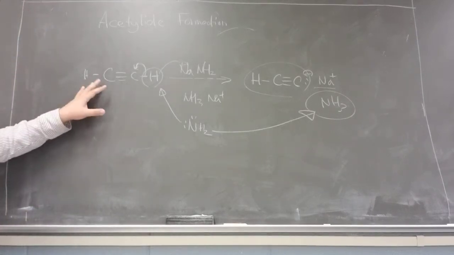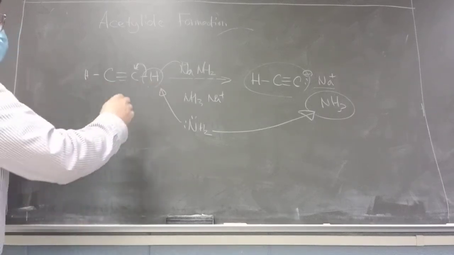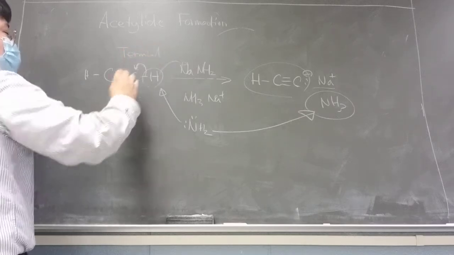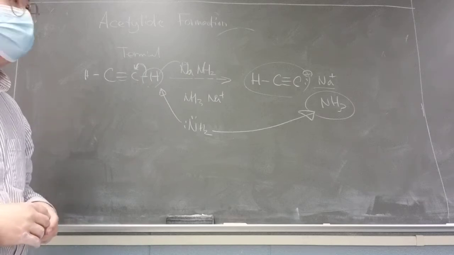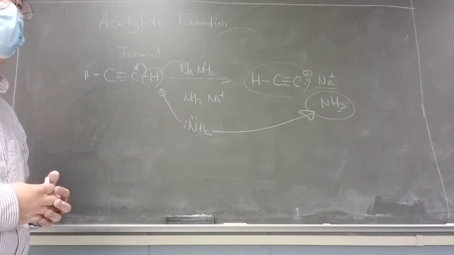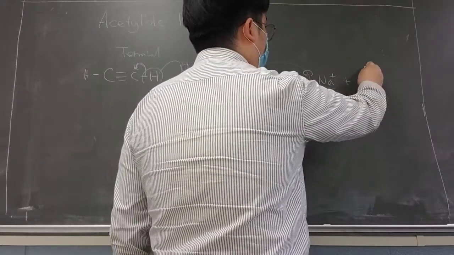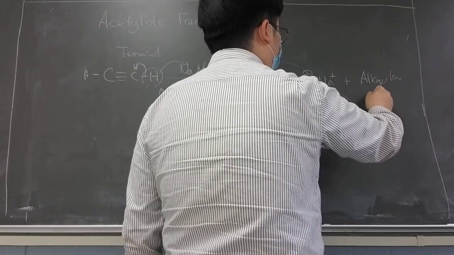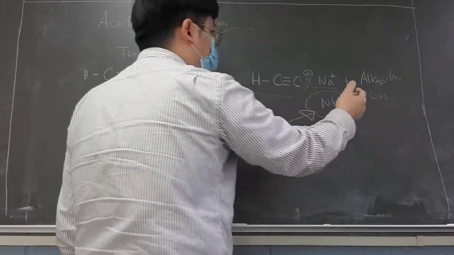So anything that has a triple bond with a hydrogen, a terminal alkyne, you can treat with a strong base to get the acetylide anion. You can use it to make a bond with an alkyl halide, like methyl bromide, or bromomethane, either way is fine.